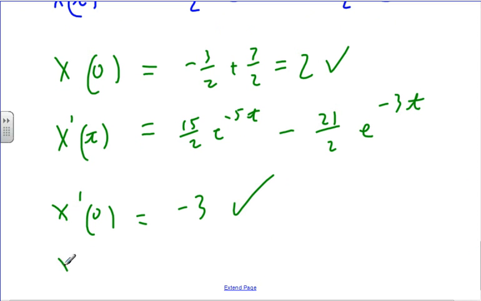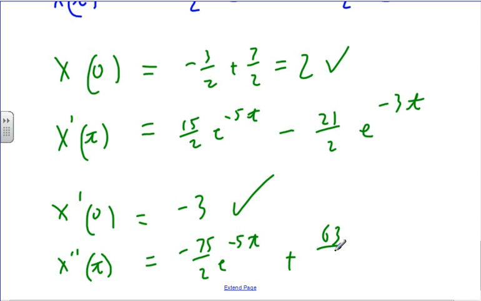Yeah, I probably should. X double prime of t is minus 75 over 2 e to the minus 5t plus 63 over 2 e to the minus 3t.